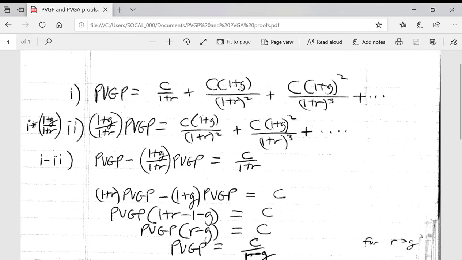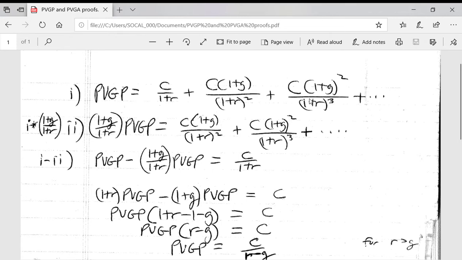Because this cash flow is larger than this one, and g is the amount by which it's larger. So you can see we have C plus g times C. So g is the growth rate of the cash flow. And this is divided by (1 plus r) squared. That moves this value back to date 0.